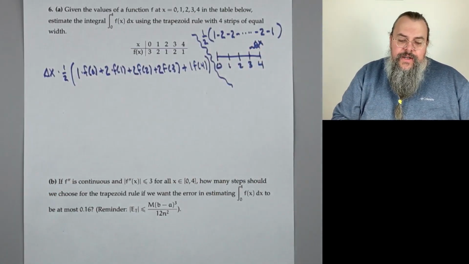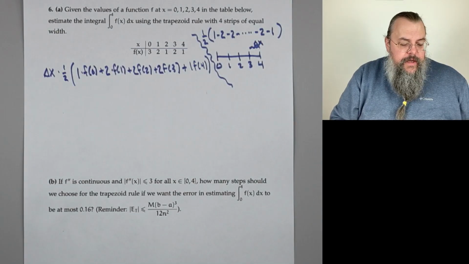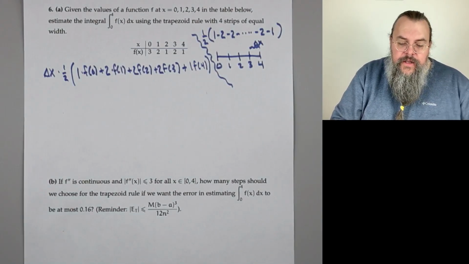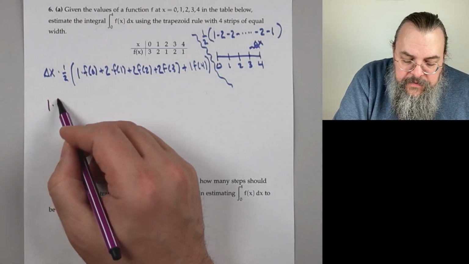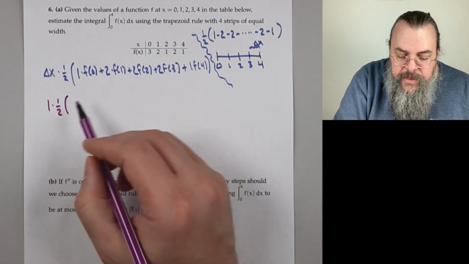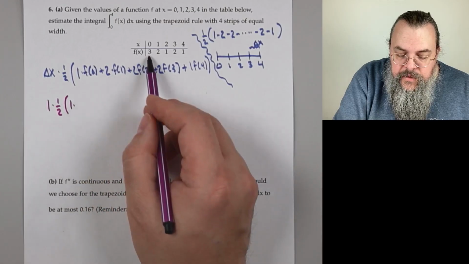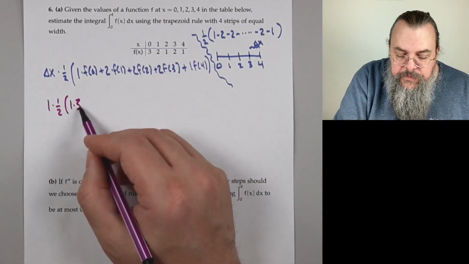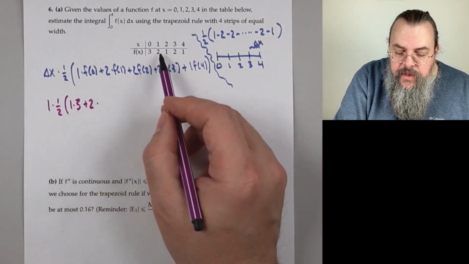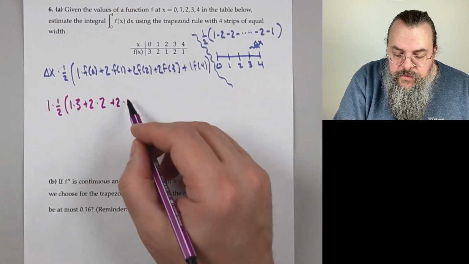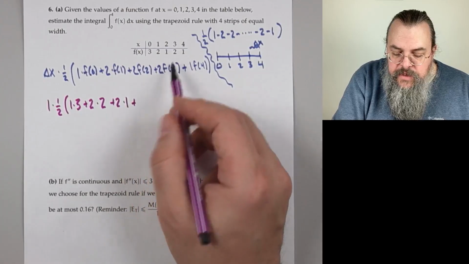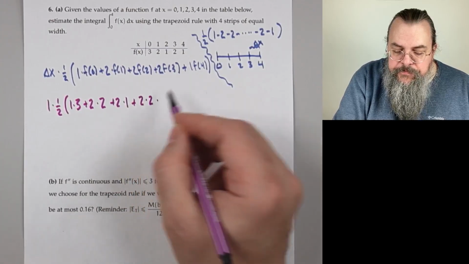Okay, so now what do we have here? Well, delta x is our 1. We have a half. Then we're going to have 1 times f of 0, which is 3. 2 times f of 1, which is 2. 2 times f of 2, which is 1. 2 times f of 3, which is 2 again.